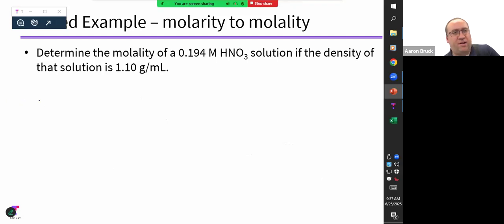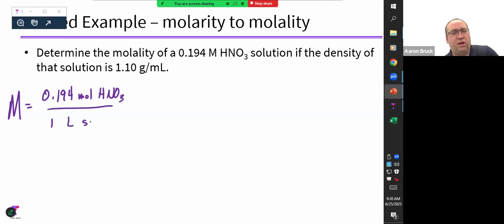Molarity tells us that we have 0.194 moles of nitric acid in 1 liter of solution. That is the definition of molarity.